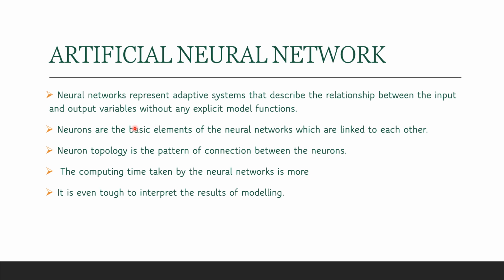Neurons are the basic elements of the neural networks, which are linked to each other. These neurons are of three types: input neurons, output neurons, and hidden neurons.